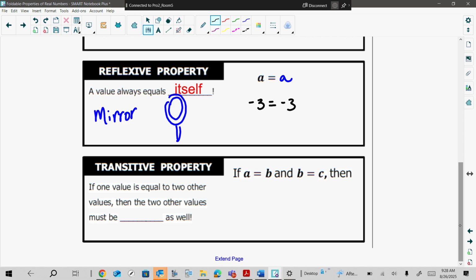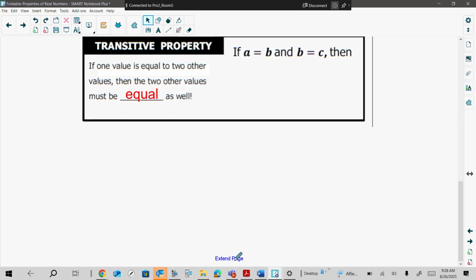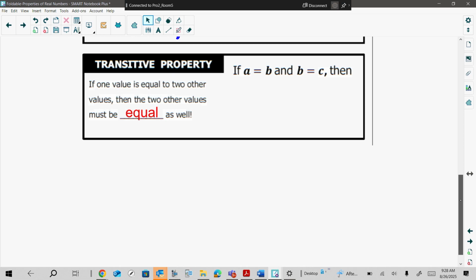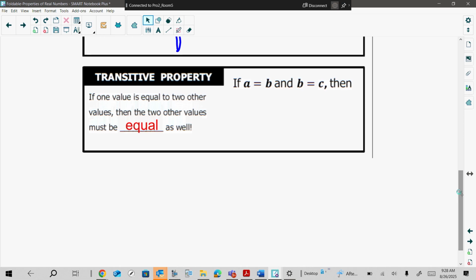Let's get it. All right, transitive property. If one value equals two other values, then those two other values must be equal as well. Okay, there's a clue to see transitive. The first one is we should see the word and, because it's going to show a relationship between.